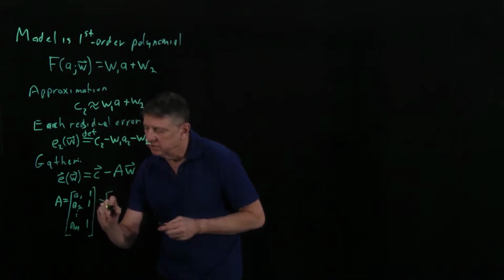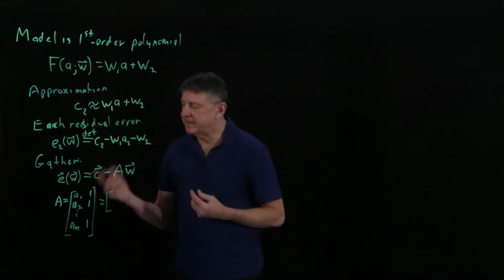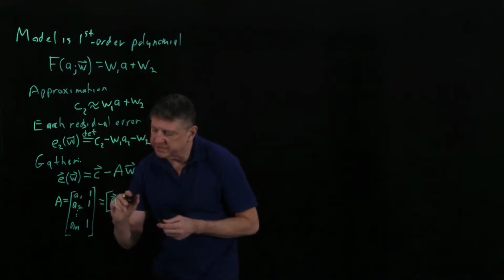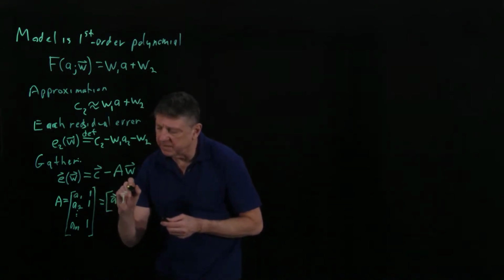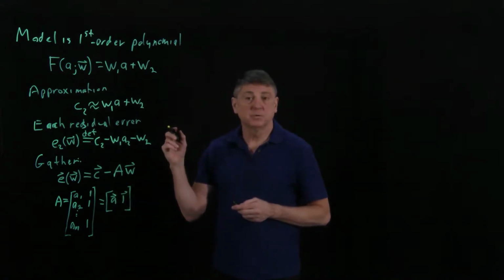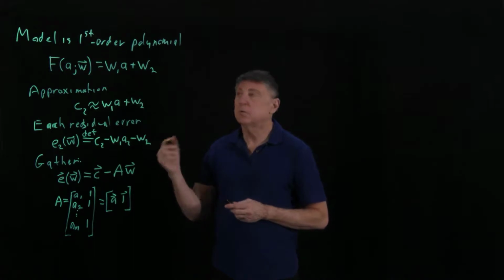And we could write that as a block partitioning as observations in A followed by the ones vector. And we would then solve this using the normal equation.